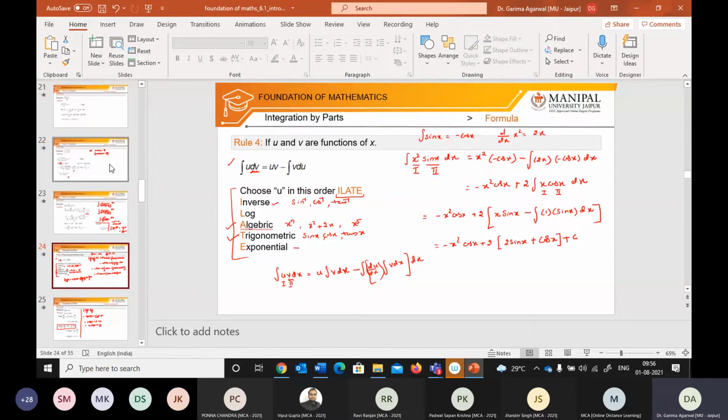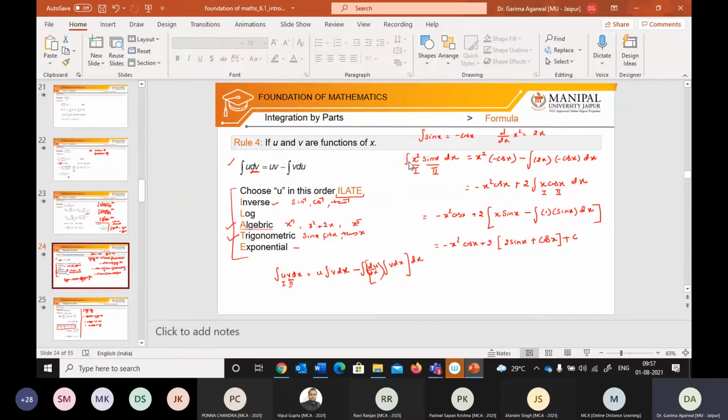This is the formula known as integration by parts. This is ILATE, that is inverse, log, algebraic, trigonometric and exponential. Whenever we need to integrate two terms or two functions like x square sin x, x square can be considered as the algebraic term and sin x is the trigonometric term.